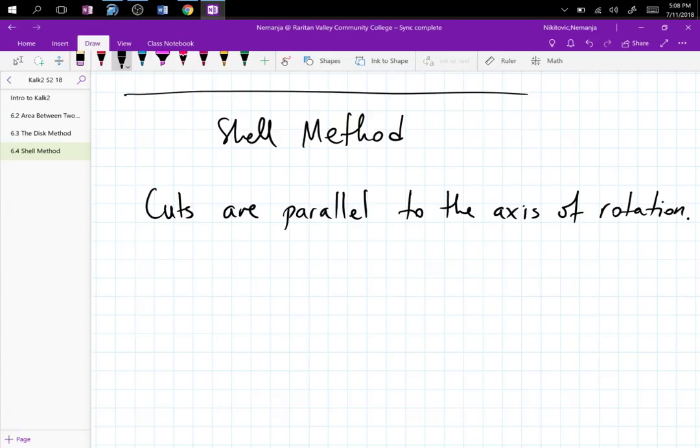And we have the volume formula, which states 2 pi integral c to d.